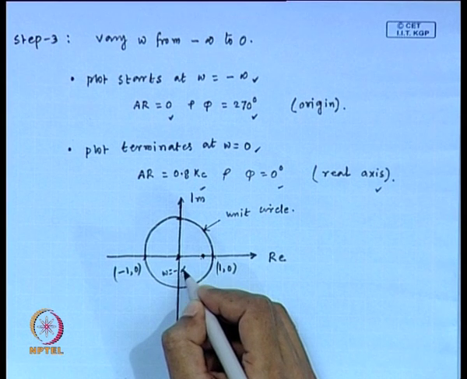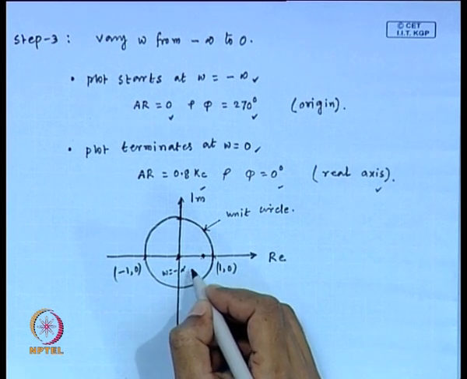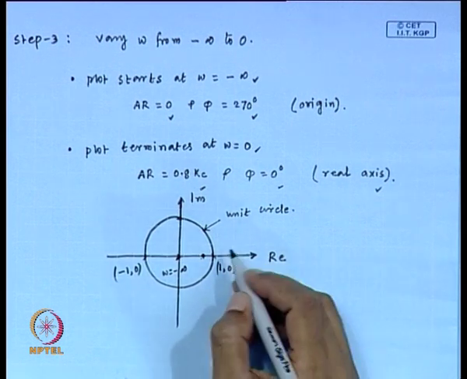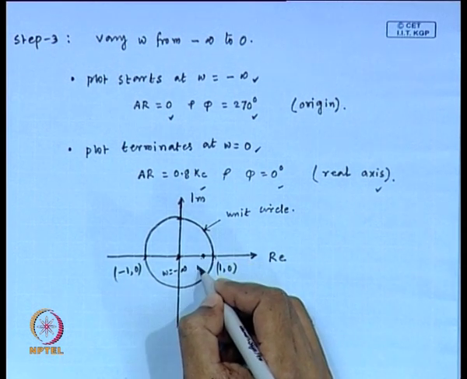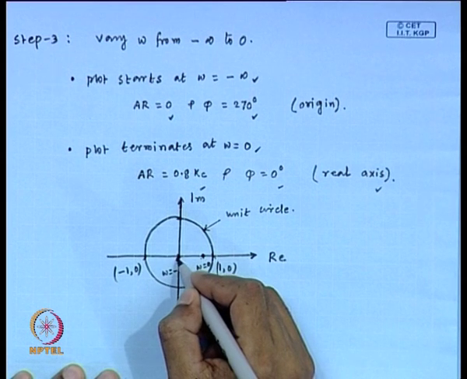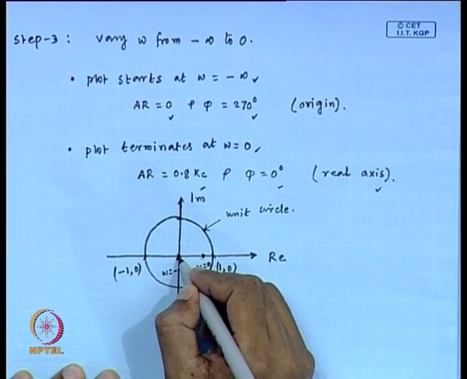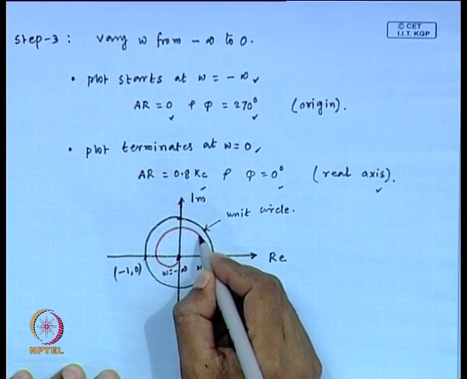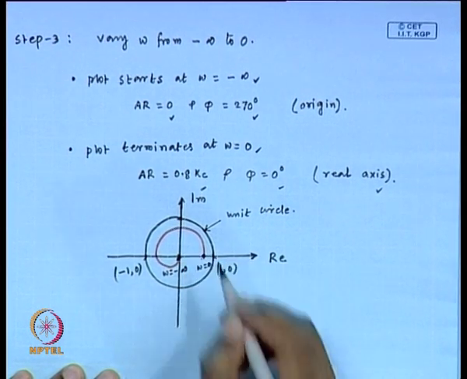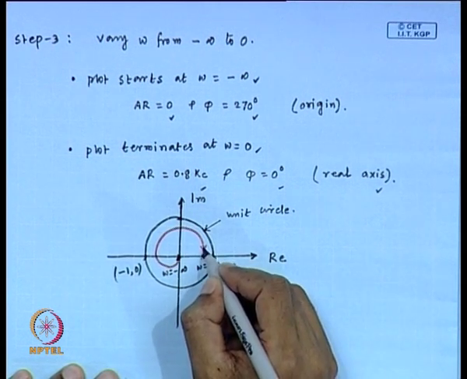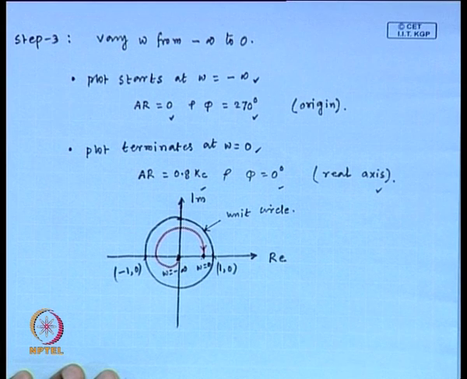Starting point we obtain considering omega minus infinity, end point we obtain considering omega 0. So, the polar plot is obtained as this. This is the direction, clockwise.